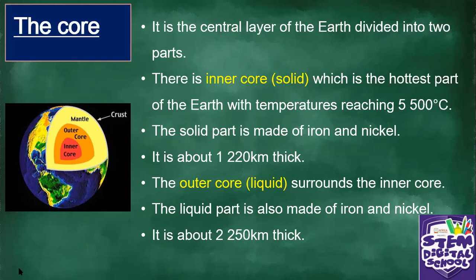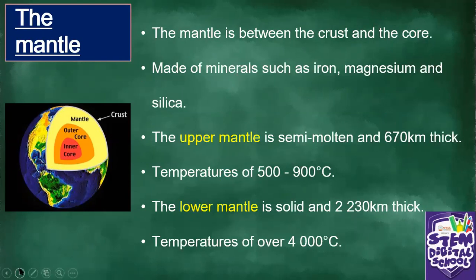And then we move on to the mantle, the middle part. This is between the crust and the core. It is made up of minerals such as iron, magnesium, and silica. The upper mantle is semi-molten.